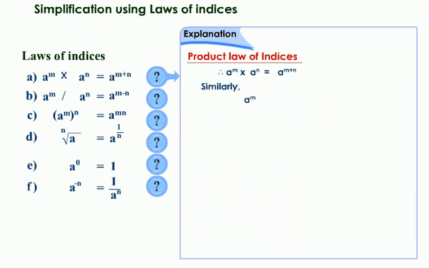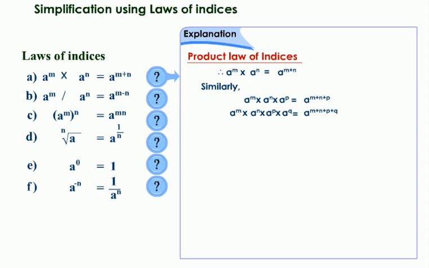Similarly, a to the power m into a to the power n into a to the power p is equal to a to the power m plus n plus p, and a to the power m into a to the power n into a to the power p into a to the power q is equal to a to the power m plus n plus p plus q, and so on.